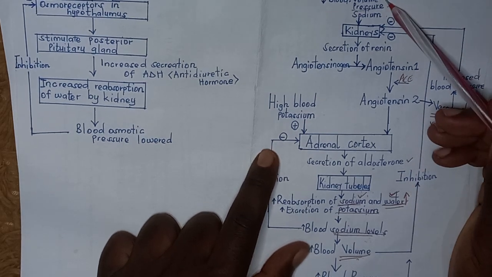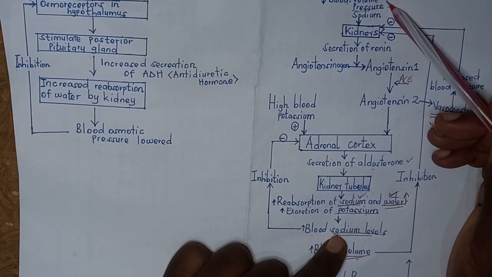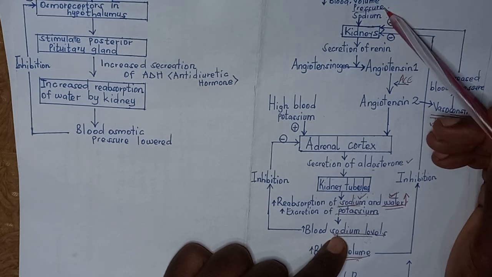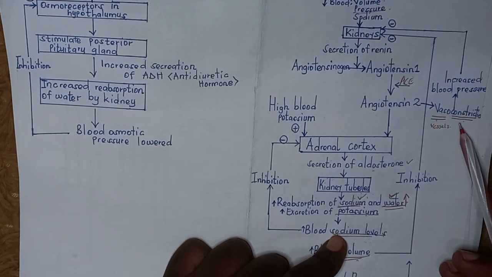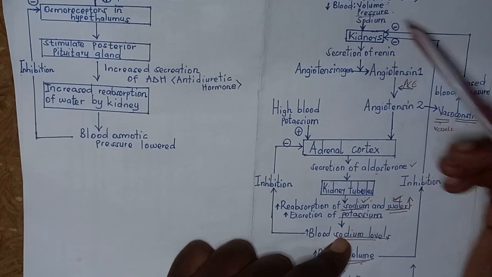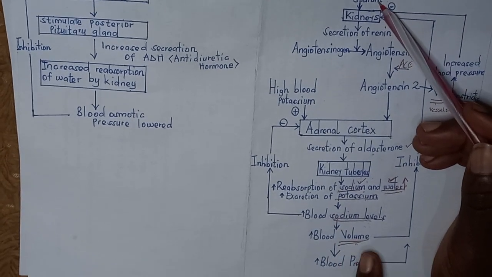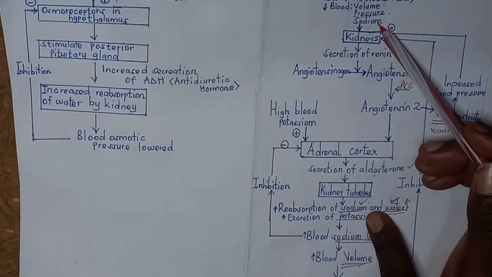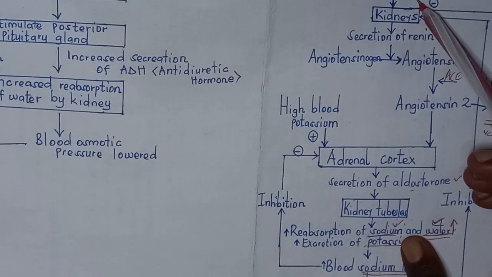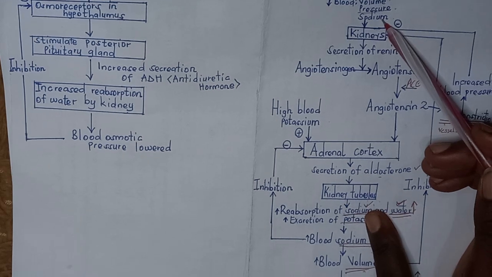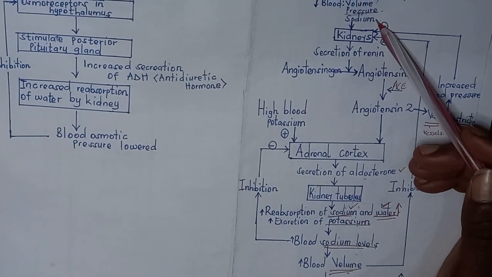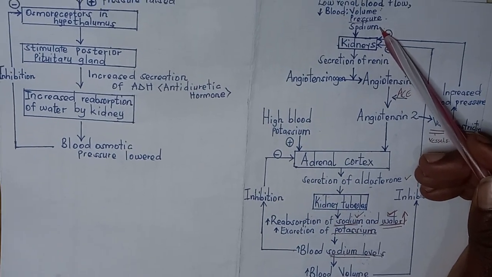Sodium levels have increased, and the blood pressure by vasoconstriction here has increased. The reabsorption of sodium back to the blood means there is an increase in sodium in the blood. And the last one is the blood pressure.